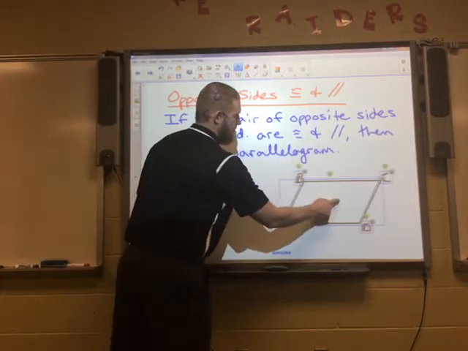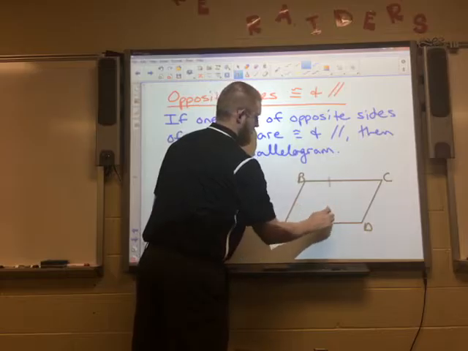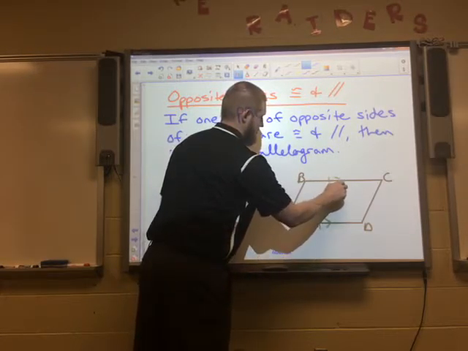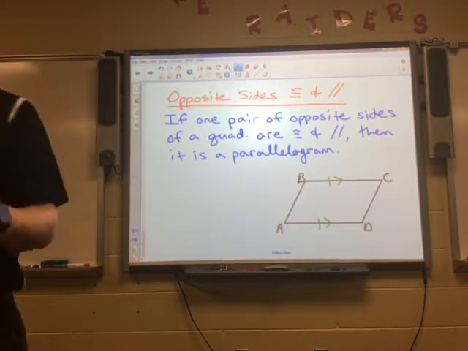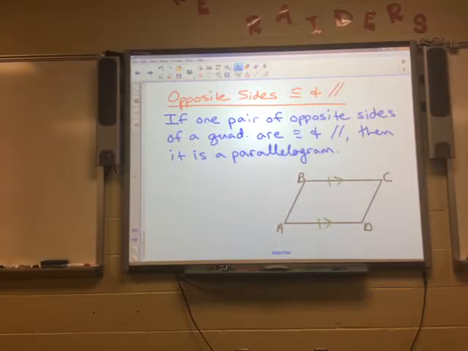I will give you a diagram real quick. It would look like this. Just keep in mind it does not have to be the top and the bottom. It could be the two sides. That would be fine.